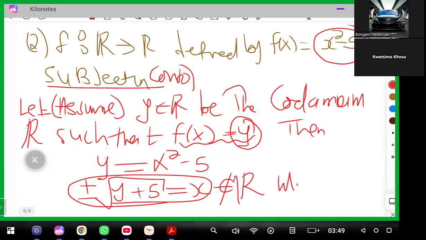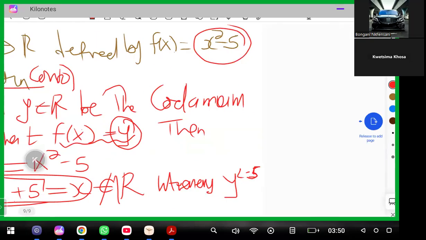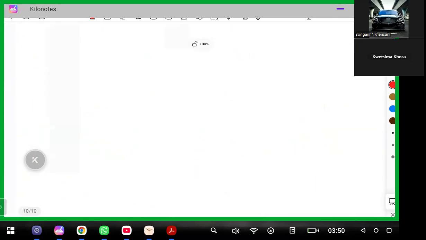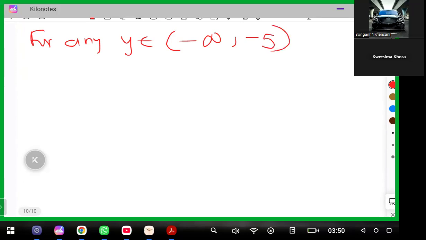Whenever y is less than -5, that's equal to -5. Or someone can decide to say for any y being an element of -infinity to -5.